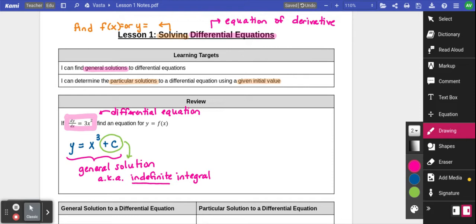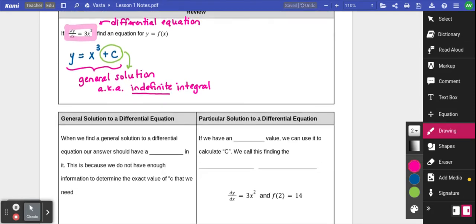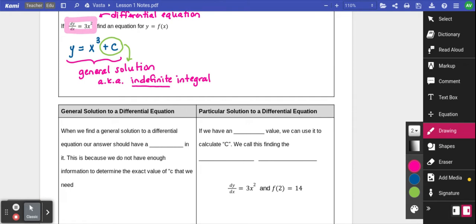The big new idea of today is that in addition to finding a general solution, which is when our answer has a plus c in it, we're actually going to be learning how to find a particular solution to a differential equation. In a particular solution, we can actually find the correct value of c that would have been in the original equation.